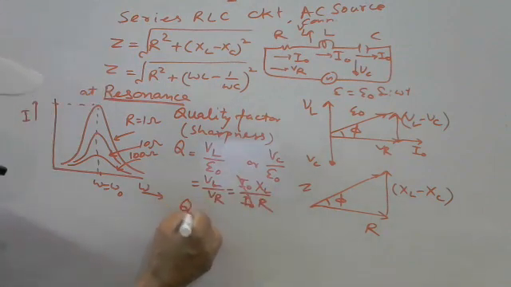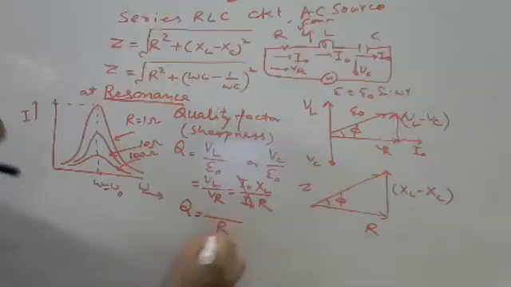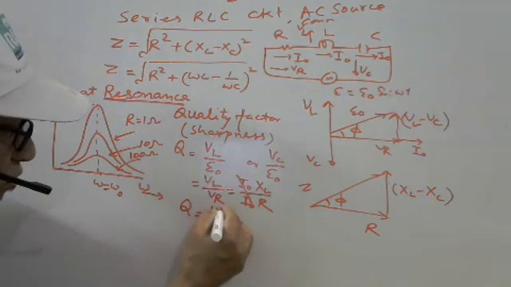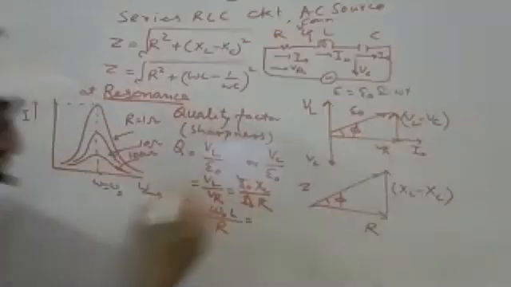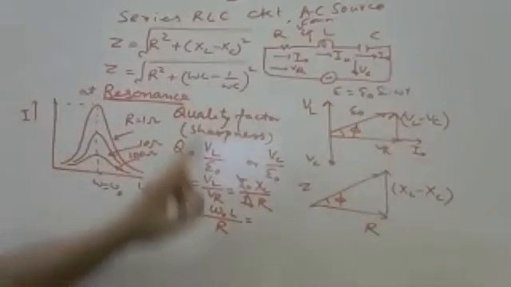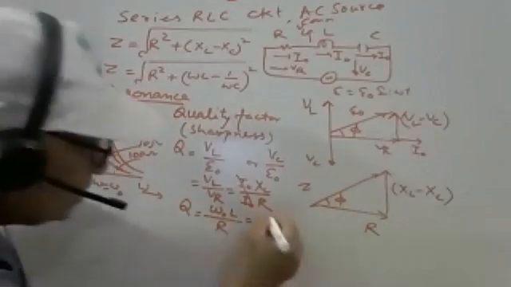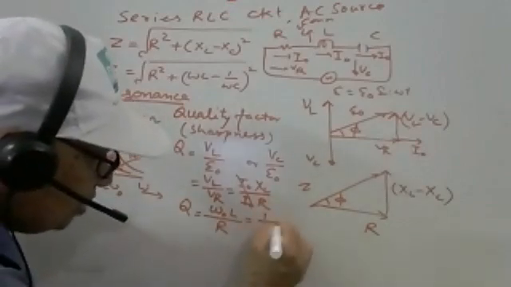What is the value of XL? XL is omega L, so we can write omega naught L. What is omega naught? It is 1 by under root LC; we have derived this relation.